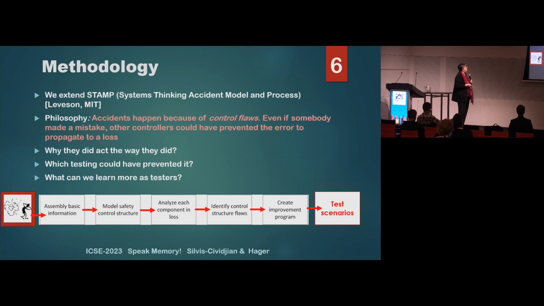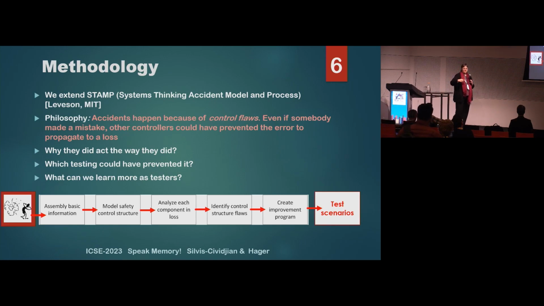The methodology is an extension of STAMP. STAMP is a method designed by Nancy Leveson at MIT that uses systems thinking to explain accidents. In this theory, accidents are not happening because a component is behaving wrongly, but because we lose control.